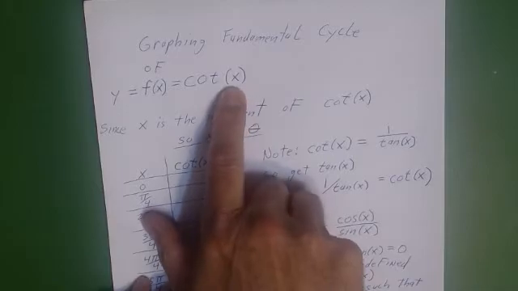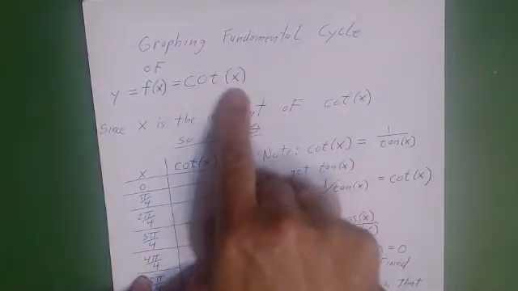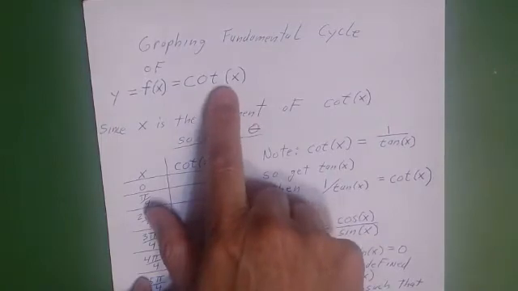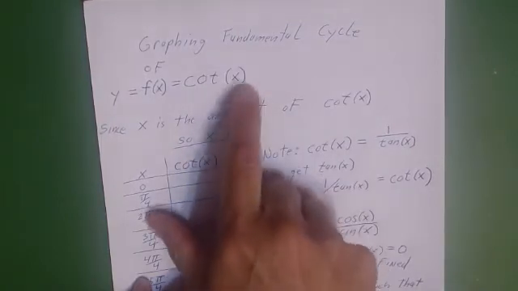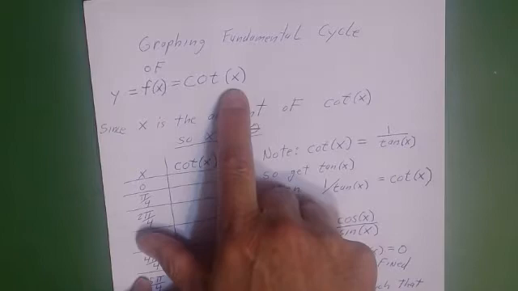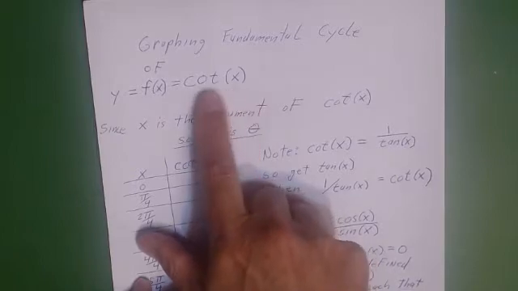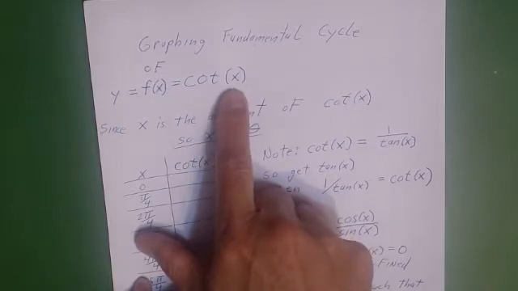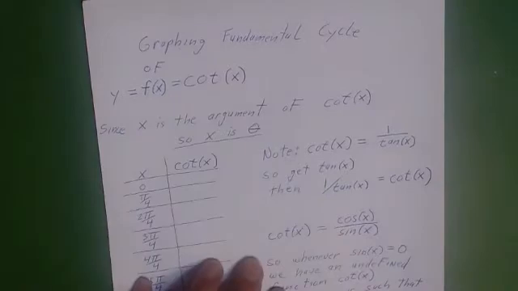Just to remind you, whatever's inside the parentheses of a trig function is known as the argument of the function. In this case, our argument is simple. It's just x, and x is a real number, and it represents a measure of theta.